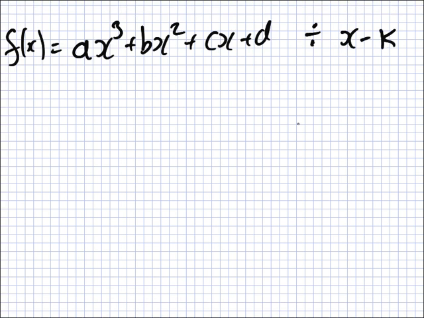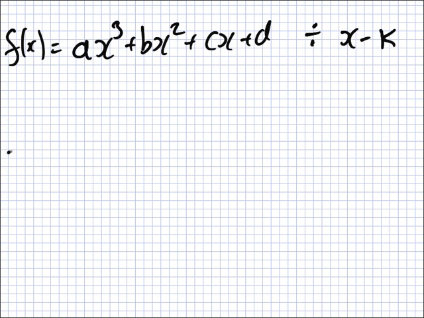I am trying to find a formula. Remember how we found the formula for the quadratic? Minus b plus or minus square root. So let's see if we can find a formula with a, b, c, d, and k, a nice little formula that will give us the remainder.